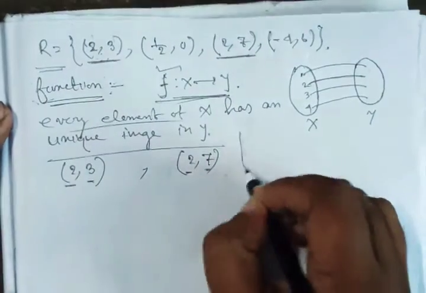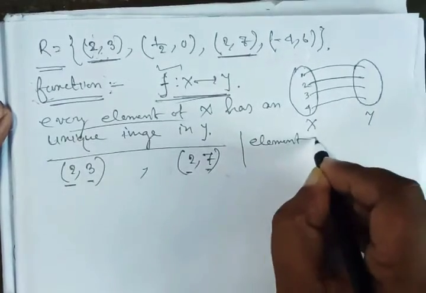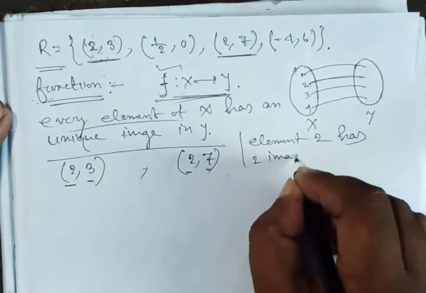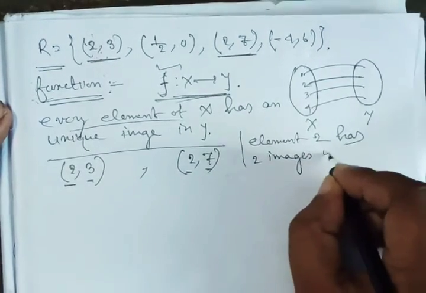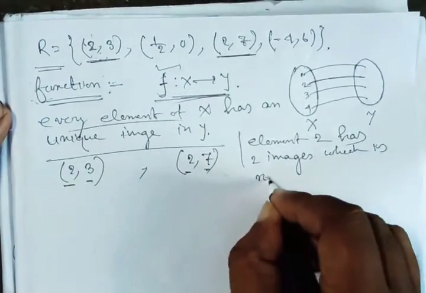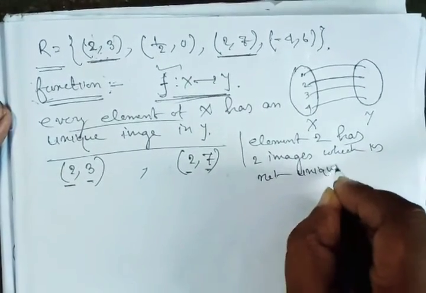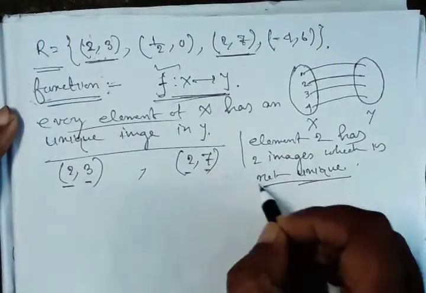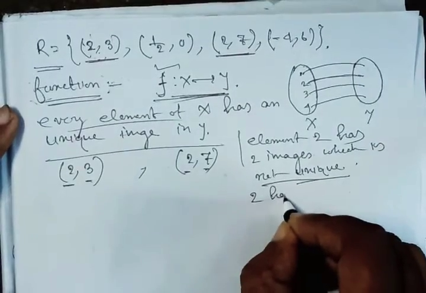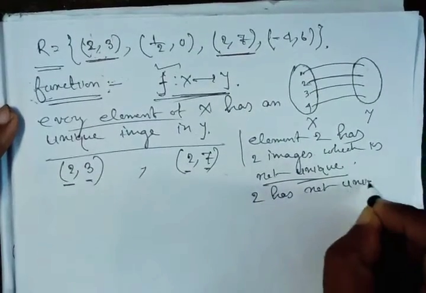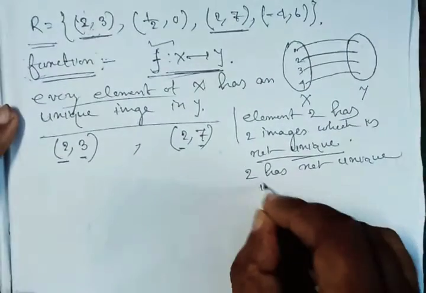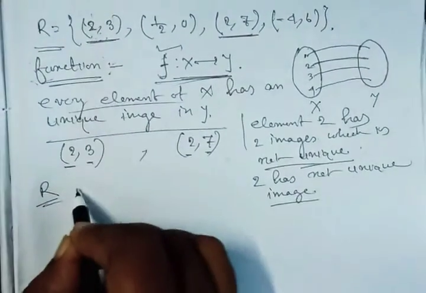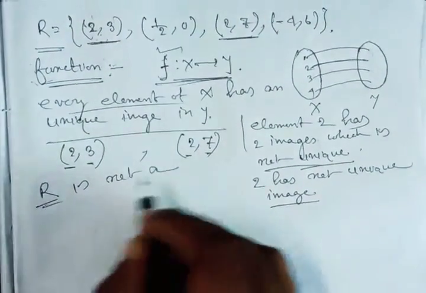So the element 2 has 2 images, which is not a unique image. So we can say that this relation is not a function.